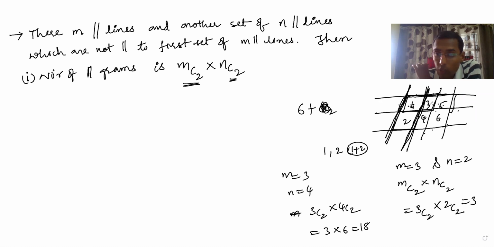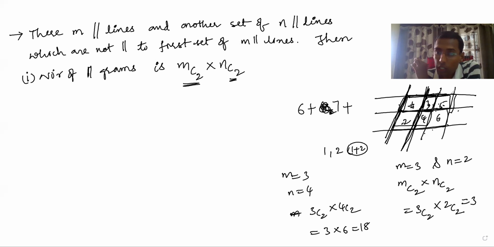So how many will be there? This is 1, this is 1, and this is 2. Like this. Next, this is 3, and then this is 4. The next, this is 5, this is 6, and this is 7. So 7 with 2 small parallelograms.